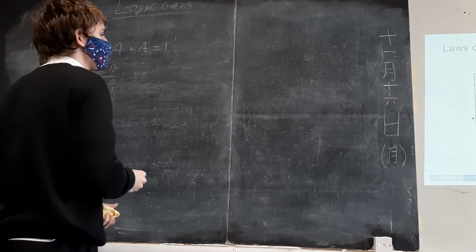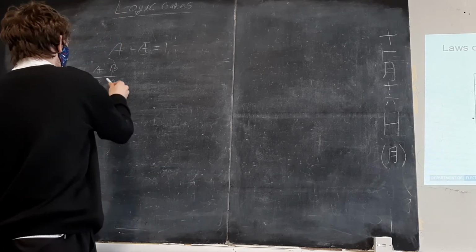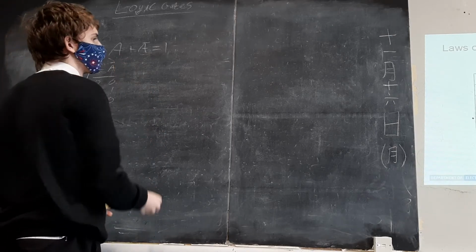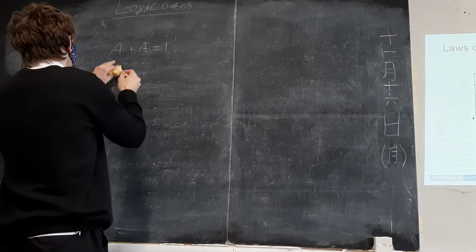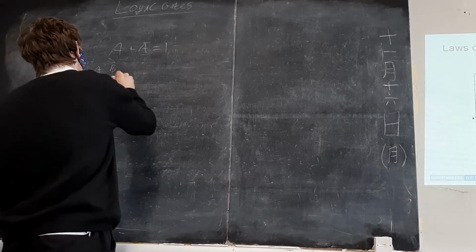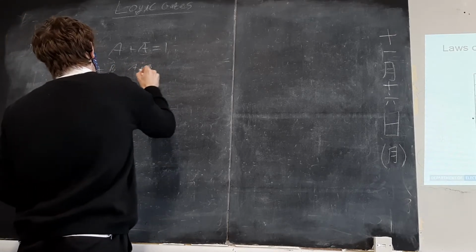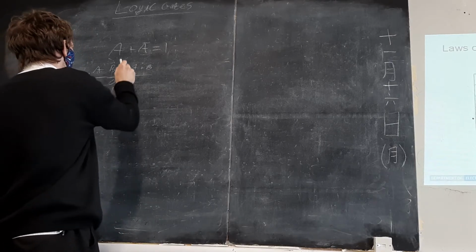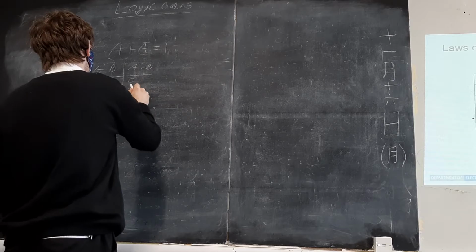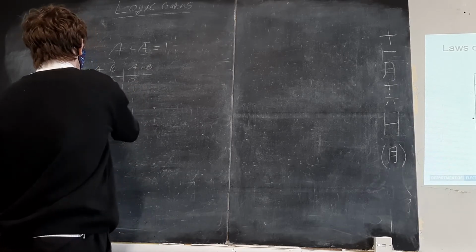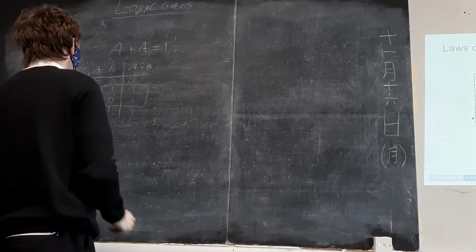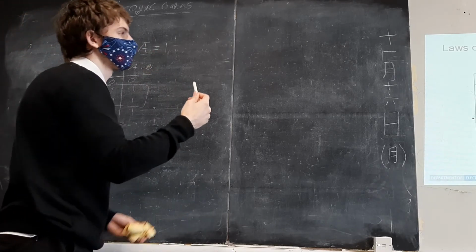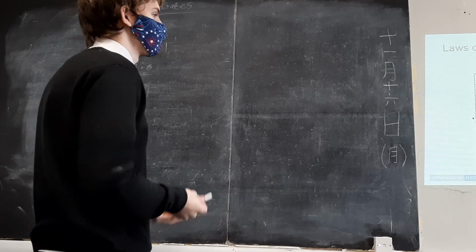So wait, that should be A bar. No, it is B. A or B. You want the values to be different, so you've got them different here. On the OR gate, you have 0, 1, 1, 1. It always equals 1. So A or not A is always equal to 1.